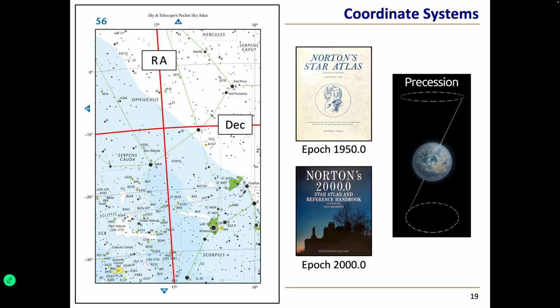Over a period of 26,000 years, the pole of the Earth will point to a particular part of the sky and then come back to that part of the sky again. But basically, year by year, month by month, basically day by day, the coordinates, the right ascension and declination coordinates of any object in the night sky will continuously change. So this is not a good coordinate system if we want to define with precision where objects actually are.